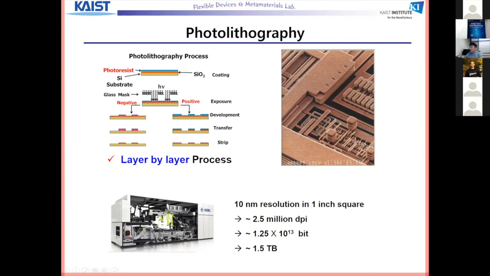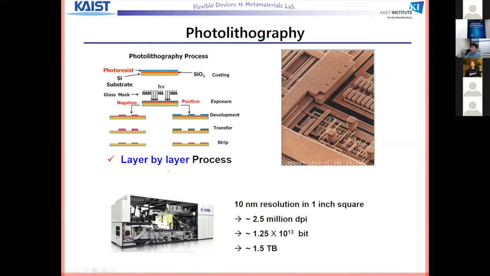When people think about resolution, maybe it will be much easier to understand what 10 nanometer resolution means. In current semiconductor processing, we require 10 nanometer resolution or less than 10 nanometers for the next business cycle. You are pretty familiar with DPI, dots per inch. Your high-resolution camera usually has about 1000 DPI, or 500 DPI is generally good enough.